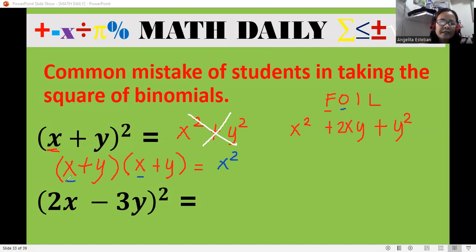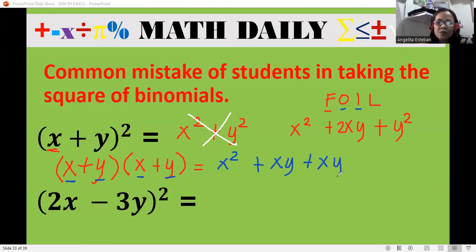The outside terms are x and y, so that becomes positive xy. And then we have the inner terms, the I, so y and x, and that will give you again your xy.